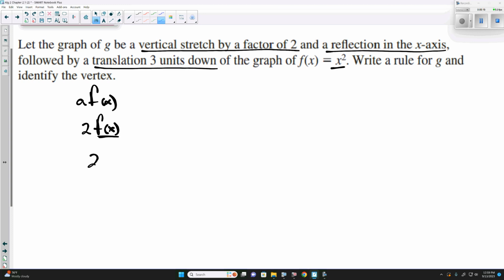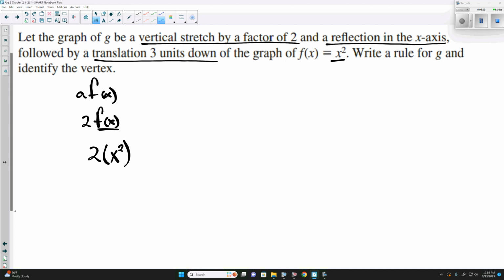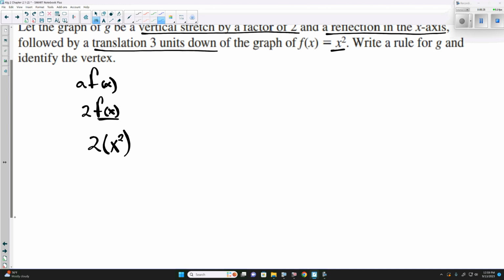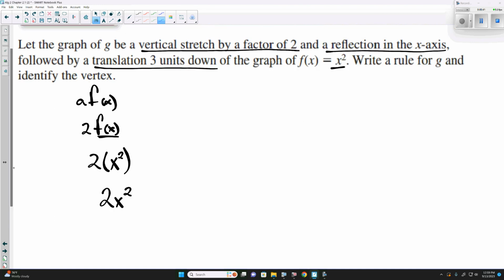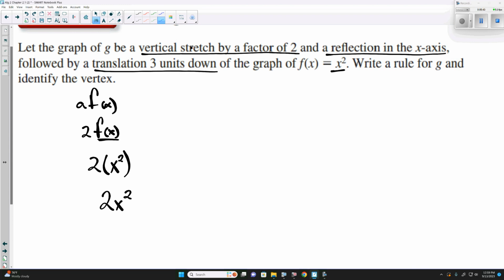So we're going to have 2 times x^2. Now we need to multiply them together: 2 times x^2. The vertical stretch by a factor of 2 is done. We did that one there.